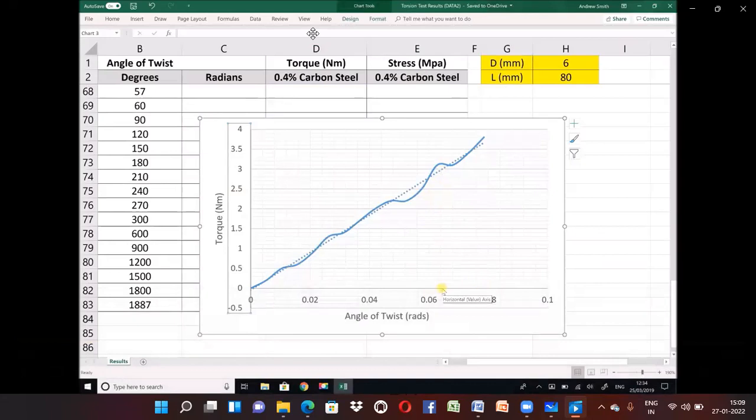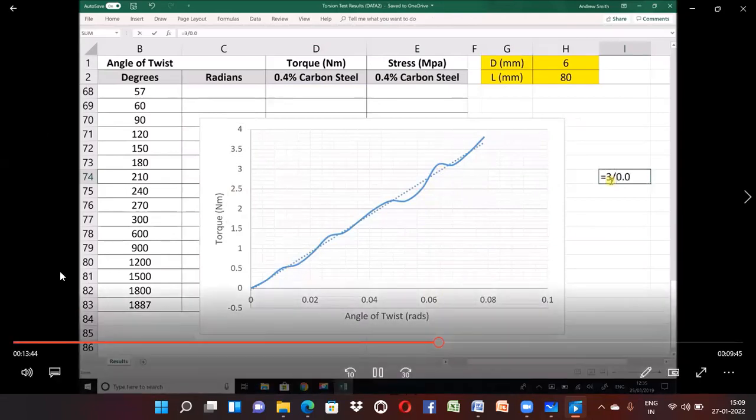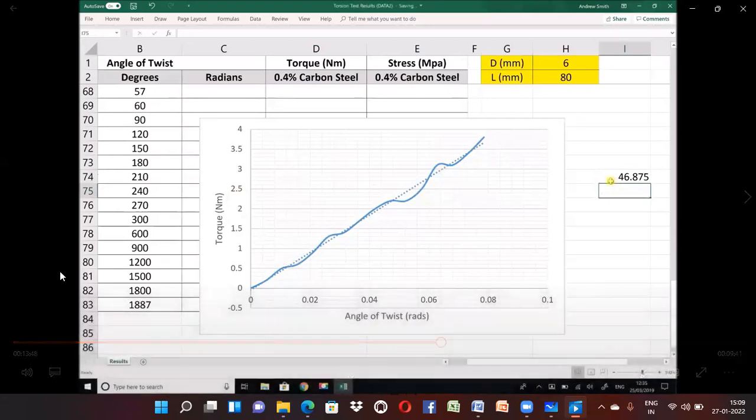The gradient of this line then is just going to be 3 divided by 0.064. We can do the sum over here, equals 3 divided by 0.064. The gradient of that graph then is 46.875. Let's make a note of that value and see how we can use that to determine the modulus of rigidity of our material.